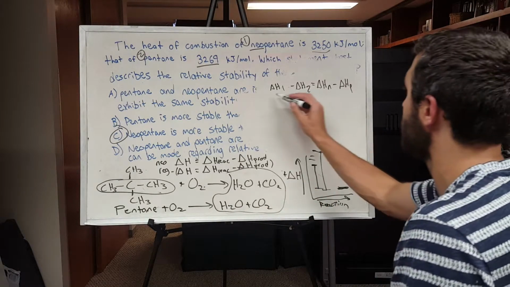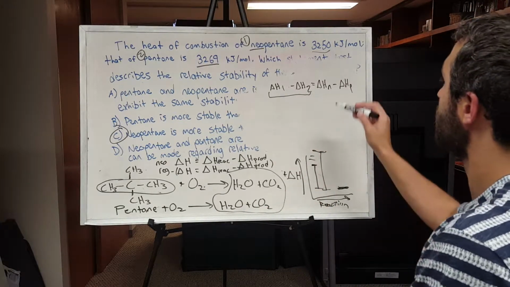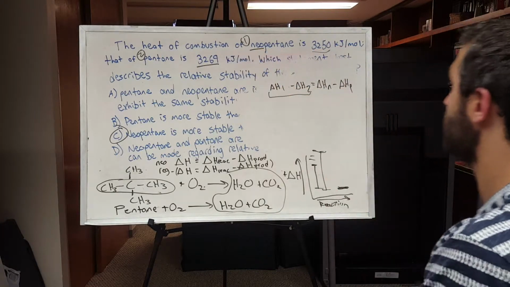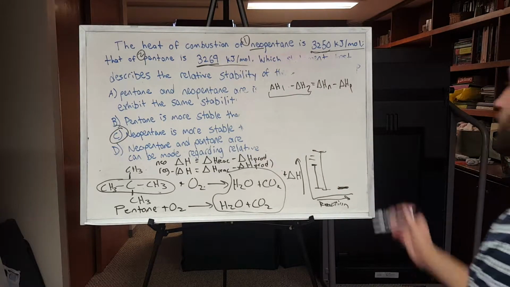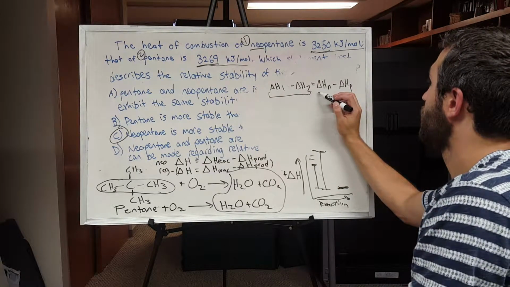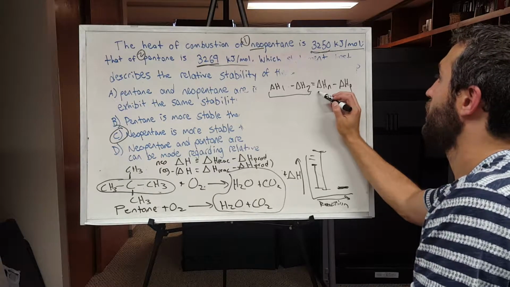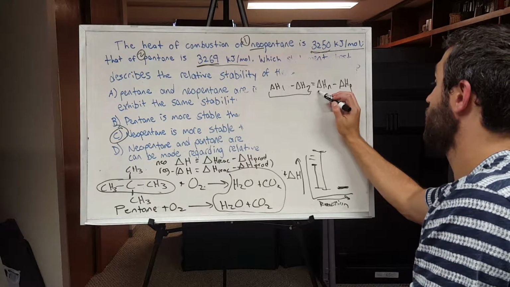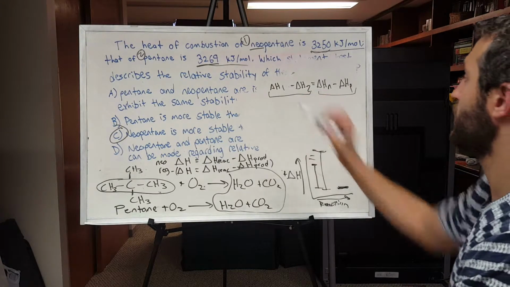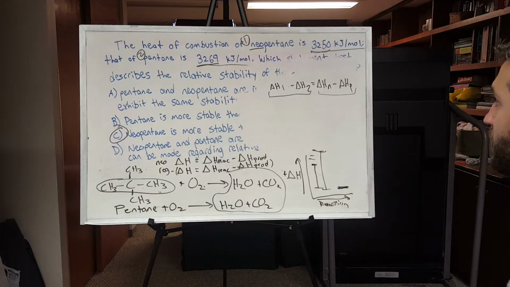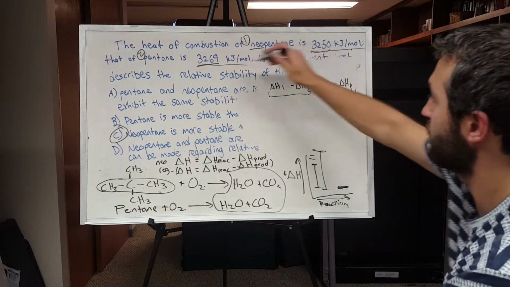That cancels out, so you just have the difference in this number and this number. The actual heat of combustion is equal to the difference in the heat of the reactants. You can see this exactly shows how the stability of the reactants indicates the difference between these guys.